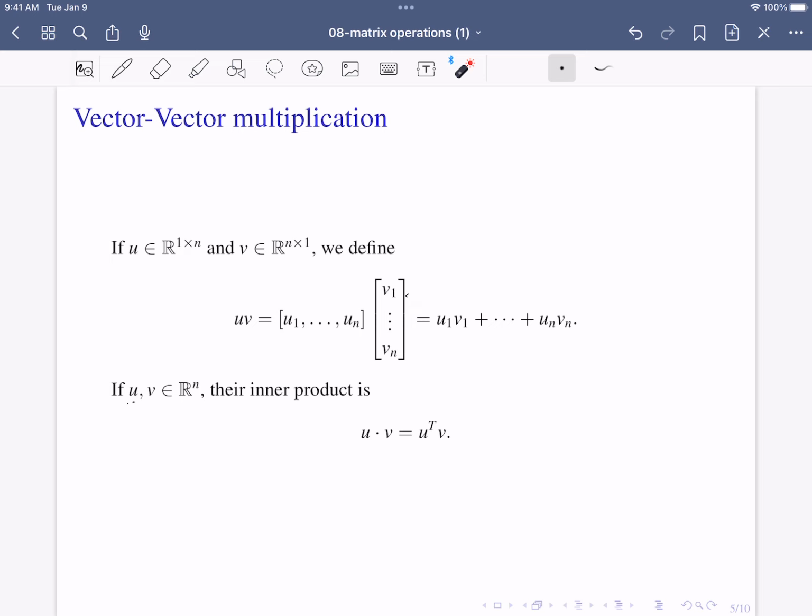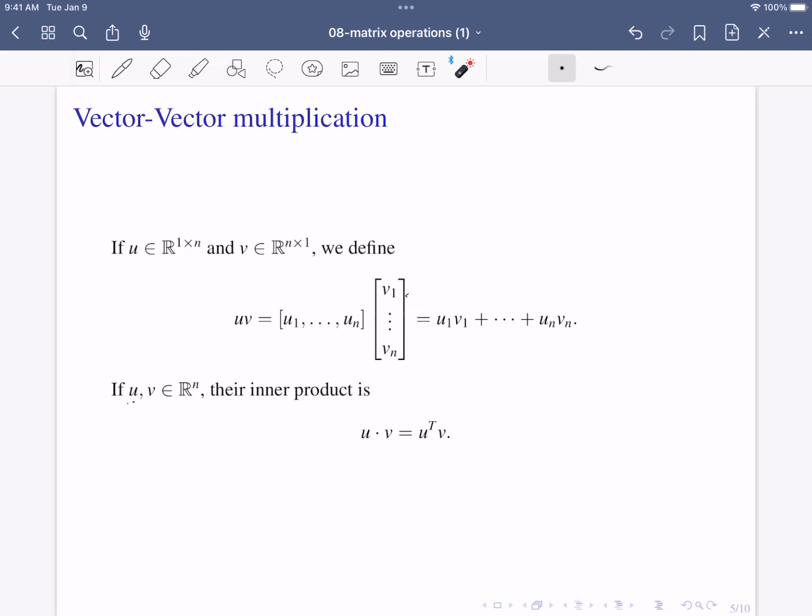Suppose U is a row vector, 1 times n, and V is n times 1, which is a column vector. So U is U1, U2, U3, Un, and V is V1, V2, V3, Vn. Their sizes are the same, but one is a row vector, one is a column vector.